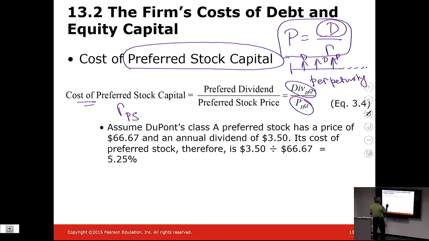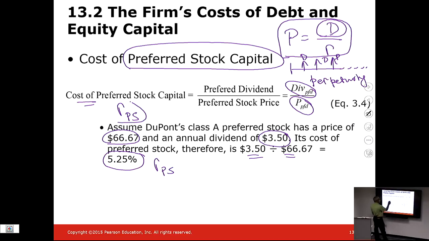So if a stock price is 66.67, and has an annual dividend, for preferred stock, the annual dividend will be known and stated, unlike a common stock where that dividend is unknown and never stated. So we will take the dividend, divide that by the stock price, and that gives us the cost of preferred as 5.25%.